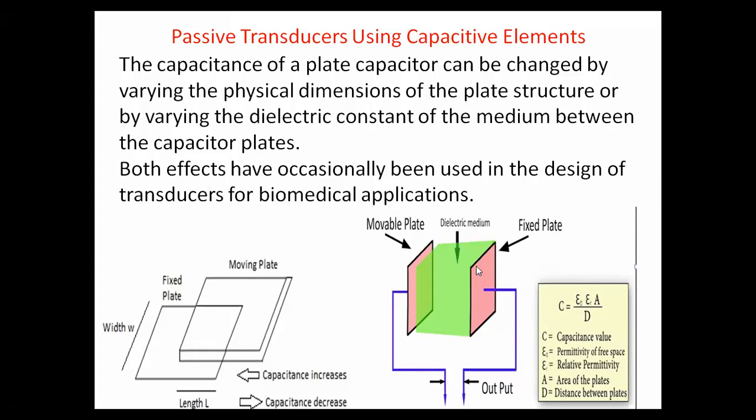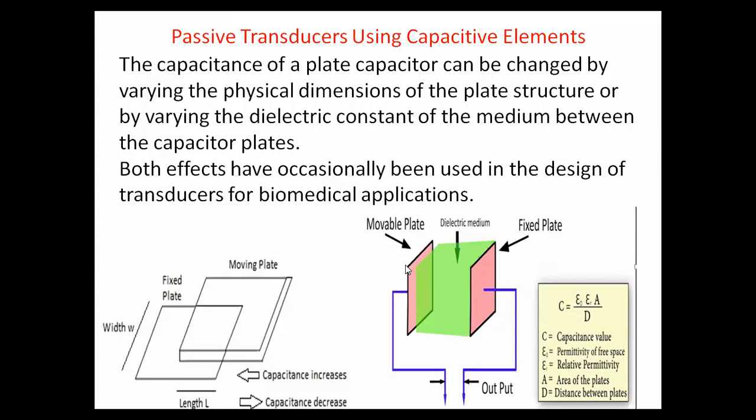In the first figure, on the right side, we apply the displacement to the movable plate, and the fixed plate is fixed. This plate will move depending upon the applied displacement. When the distance between the two plates changes, the capacitance will change. This is the effect of the change of displacement.